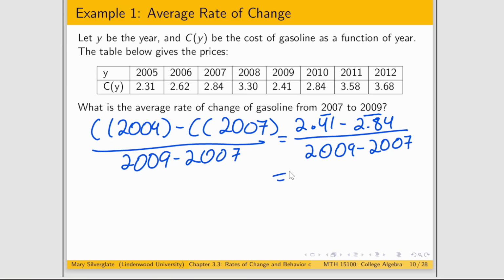Now here, notice that we actually went down in price, so that should be represented by a negative if we do everything correctly. So $2.41 minus $2.84 gets us negative 43 cents divided by 2 years. So that means that on average we decreased by about 22 cents per year.